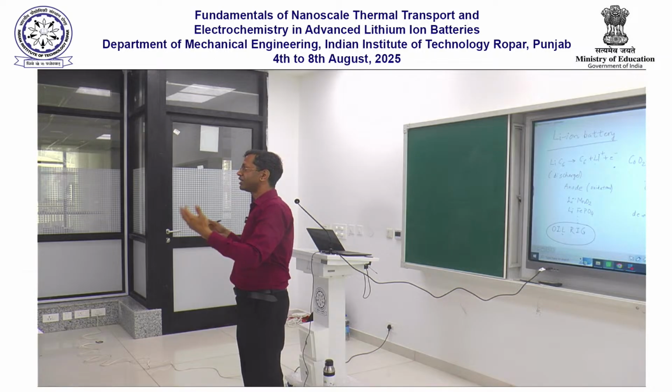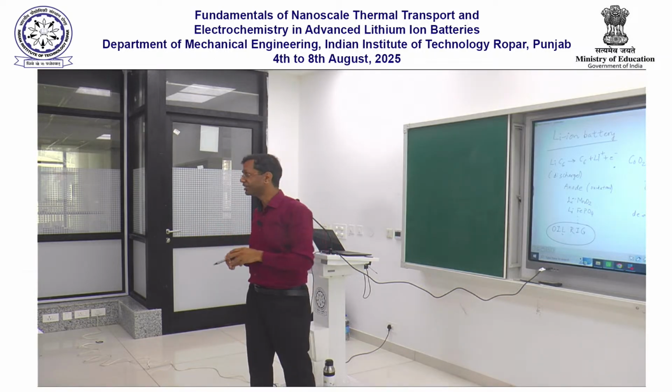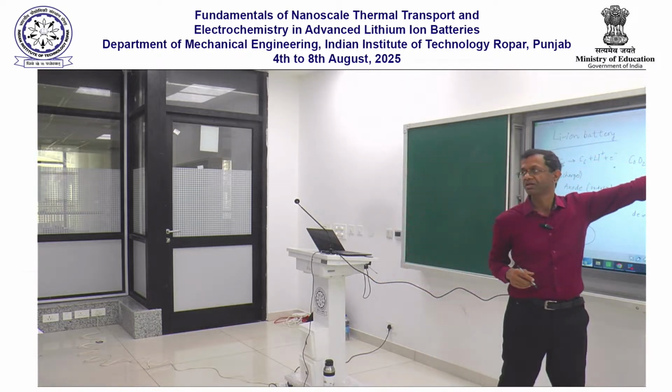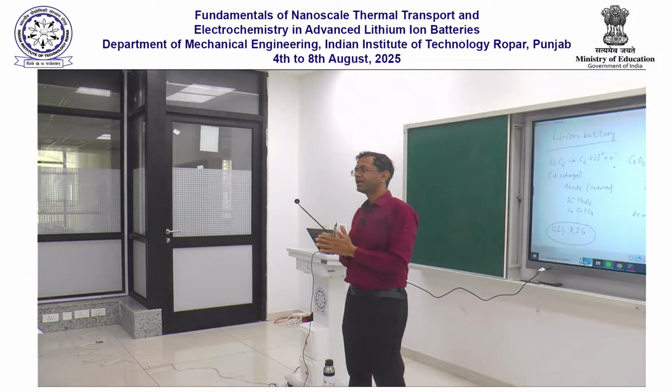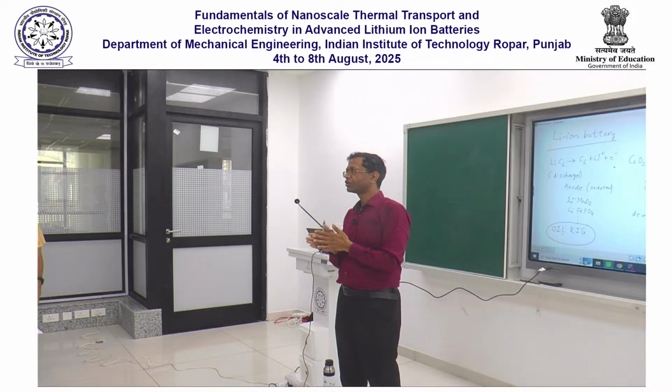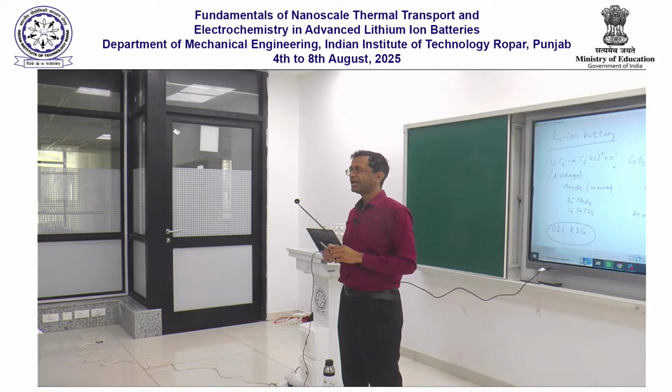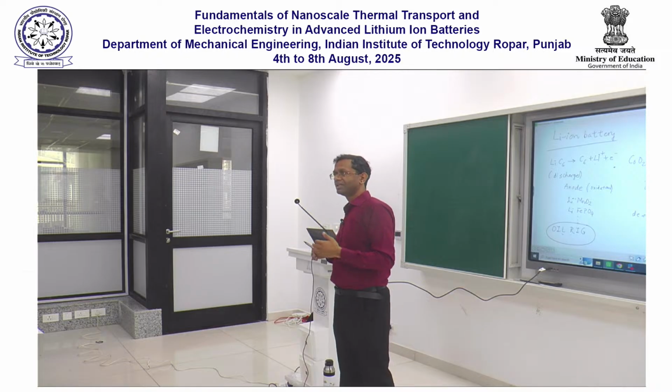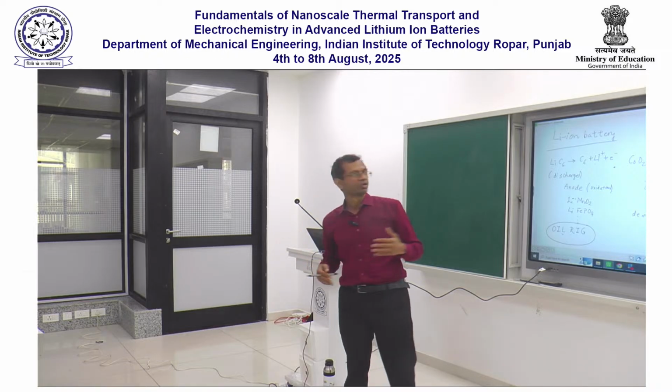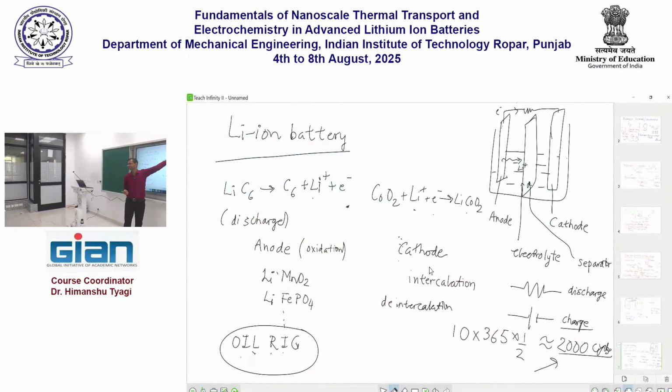How does heat transfer, energy, thermodynamics affect this process, either positively or negatively, and how do I design this system in order to take advantage of thermodynamics, in order to stay within the laws of thermodynamics, and in order to minimize the damage that thermodynamics can do to the cyclability of this system. So in the coming lectures, that is what we will specifically focus on. Our focus in this class will not be necessarily on the electrochemistry of it, but rather on heat transfer and how heat transfer and electrochemistry interact with each other.